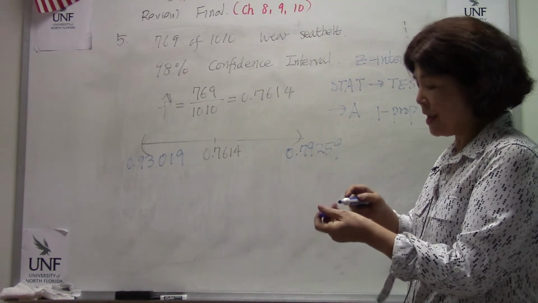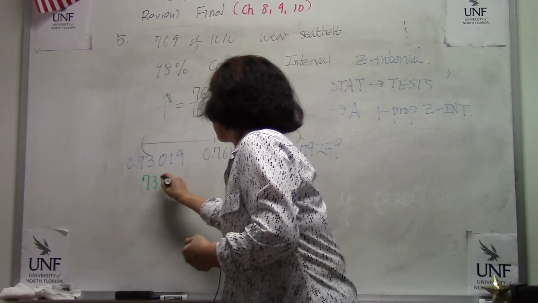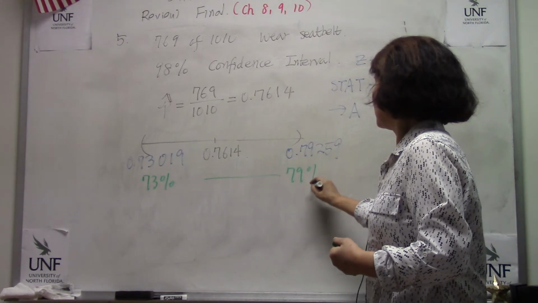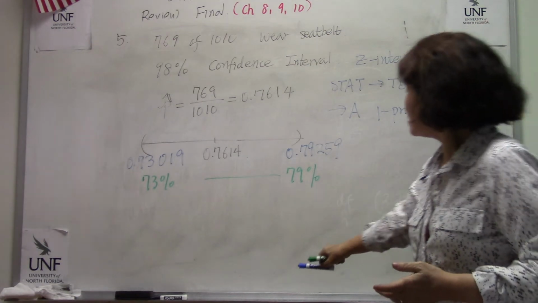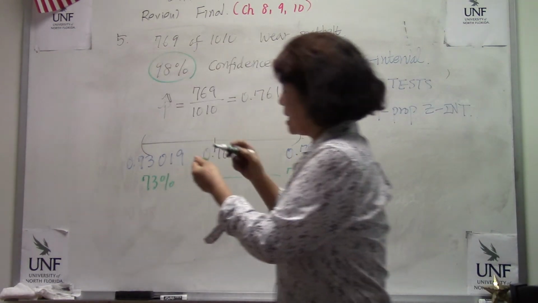Roughly, you can say this is 73% to 79%. So how do we interpret this 98% confidence interval?